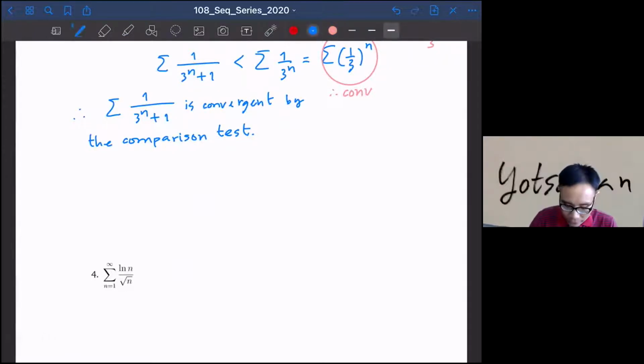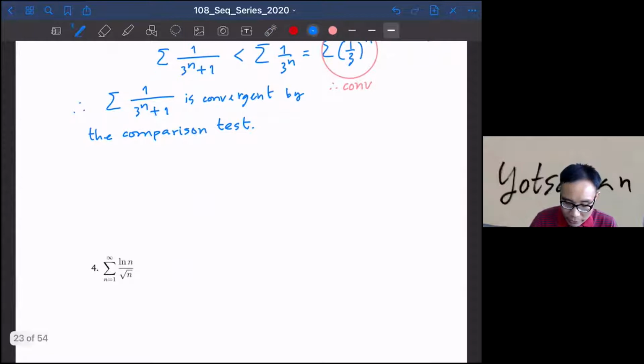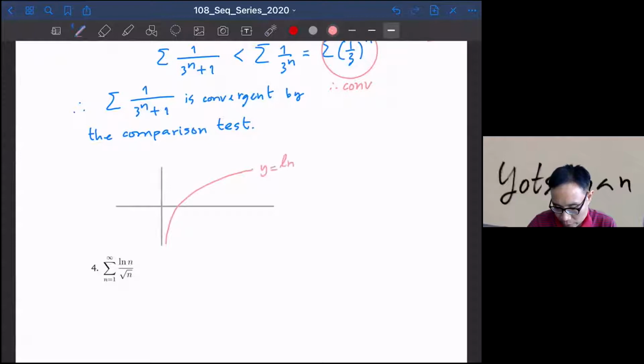For this one, if you recall the graph of log, y equal to log x is going to be like this curve. So this will be your x, this will be your y.